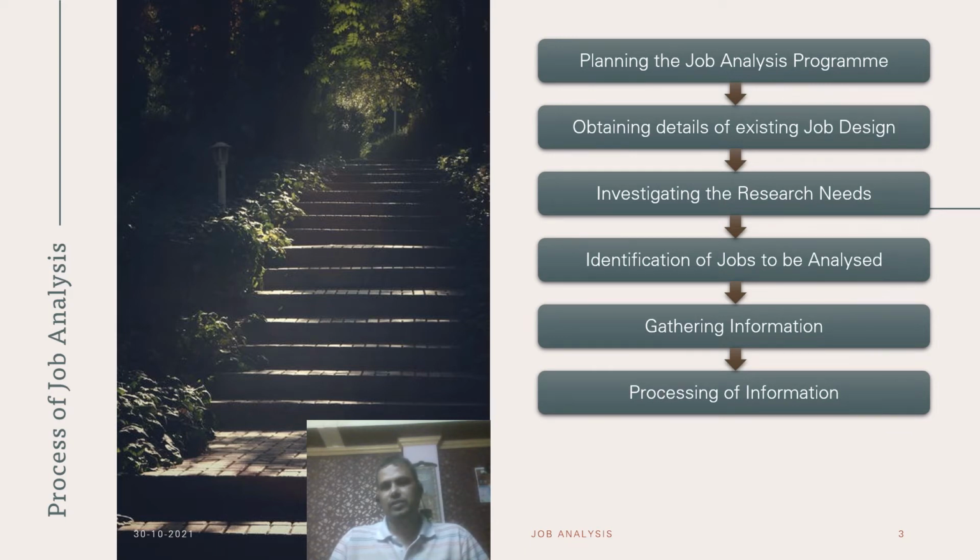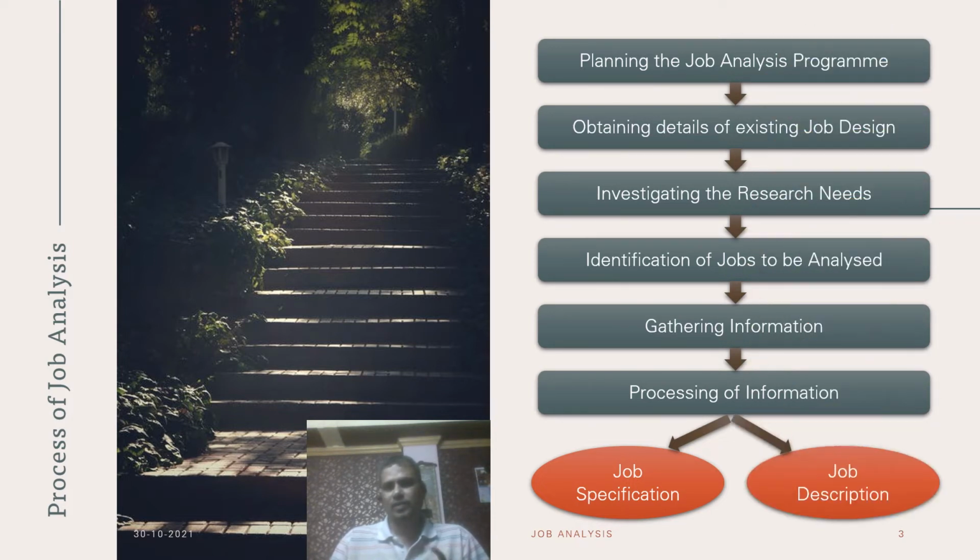Then once you gather the information, you analyze that information, and that analysis results in two outputs, right? There are two result areas. One is job specification, the other is job description.